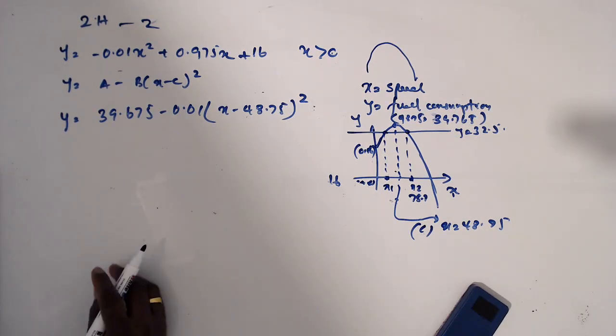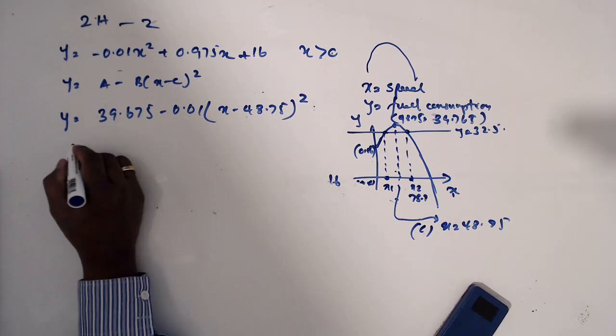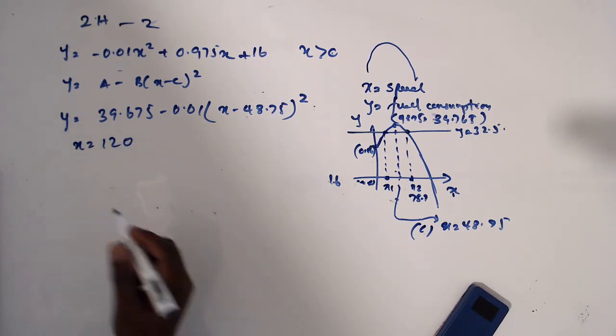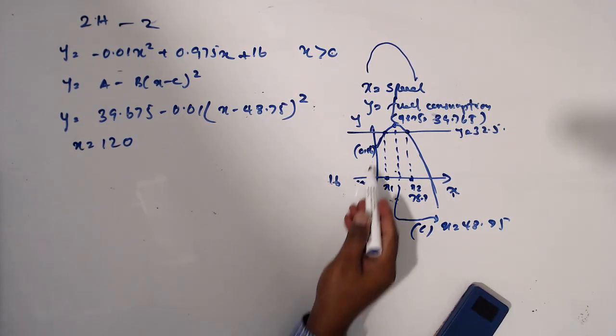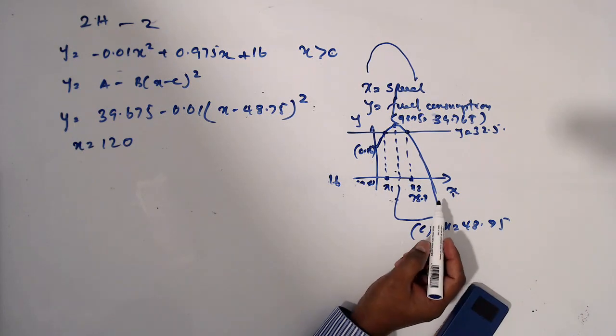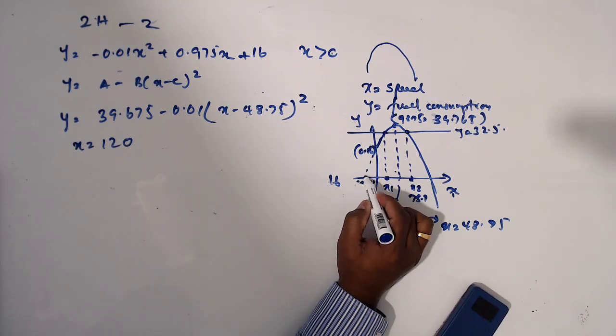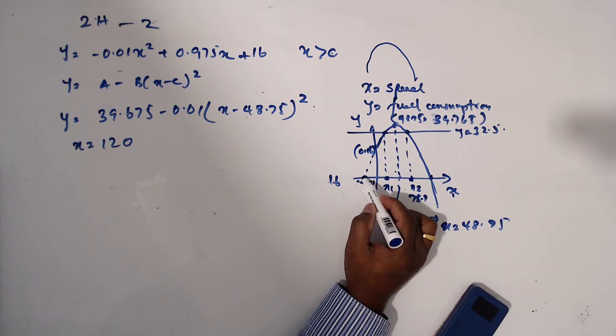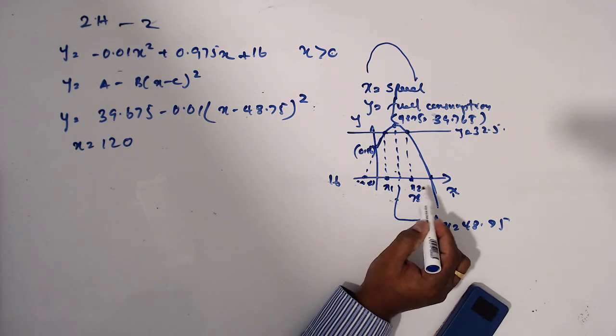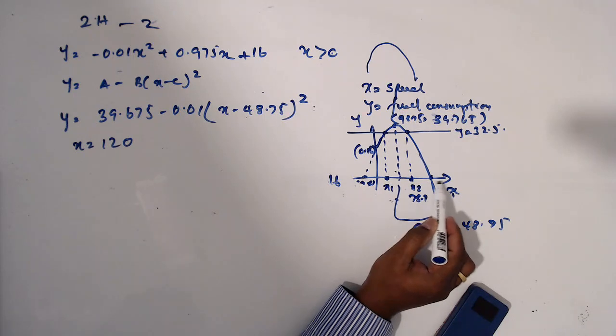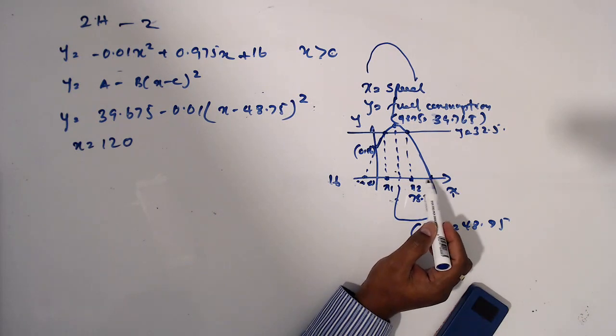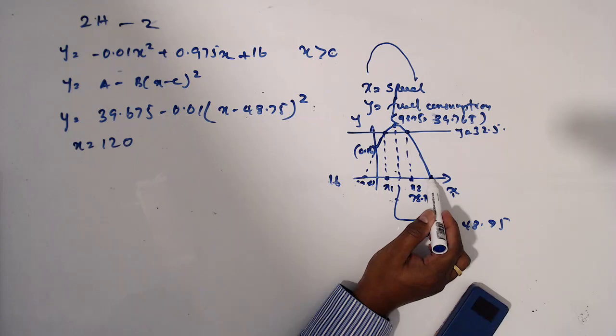Part D: use the model to calculate the fuel consumption of a car traveling at 120 mph. So is this model valid for x equals 120? Actually, we can see by looking at the graph that those are the two roots, and this one is not acceptable as x can't be negative. So this is the root.